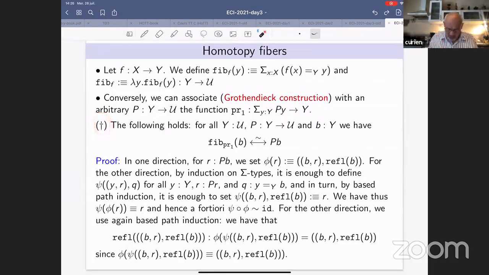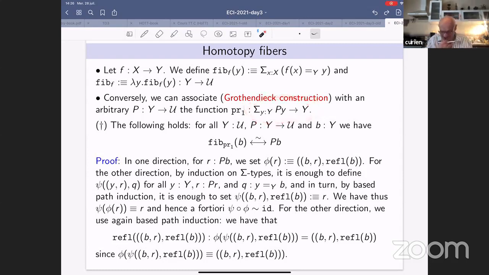It says that for all types capital Y, for all type families P indexed over capital Y, and for all elements b of capital Y, we have an equivalence between P b, which is the instance of P at b, and the fiber of the projection function at b.